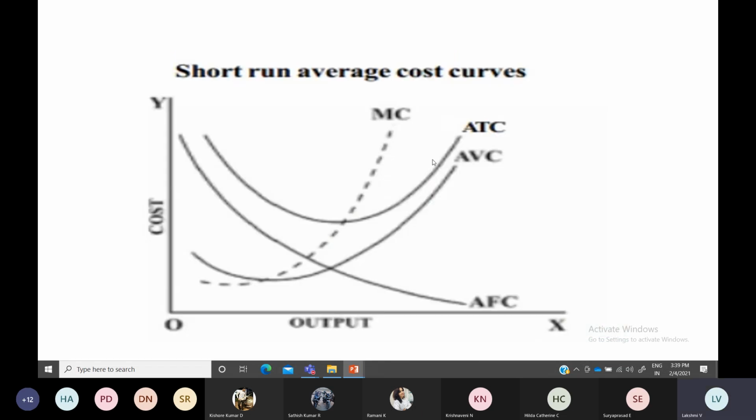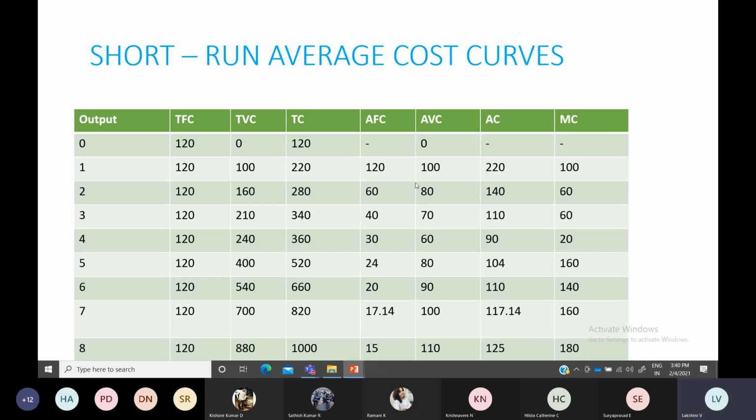Then average total cost. Whenever your variable cost varies, your average cost will also vary. So average cost, if you see, is declining, further declining, and then starts to increase.